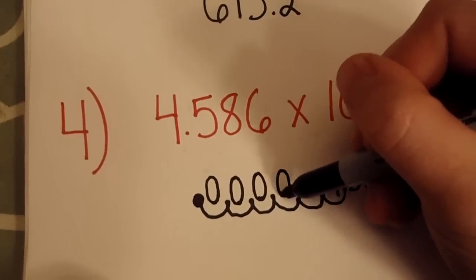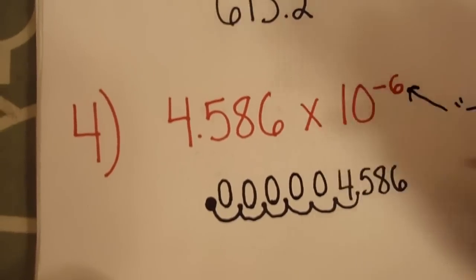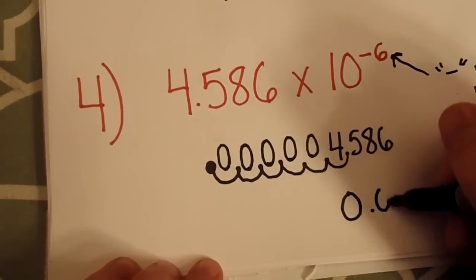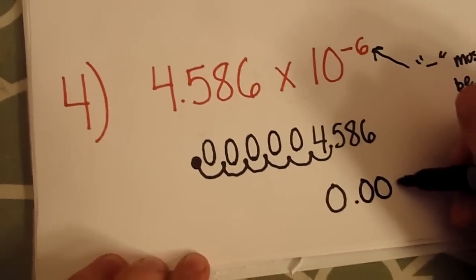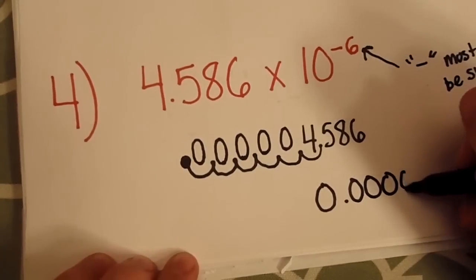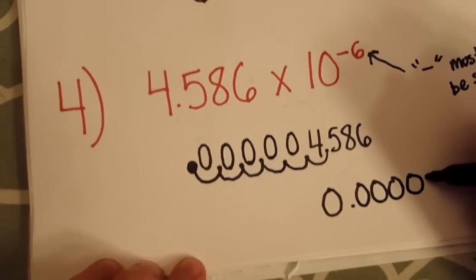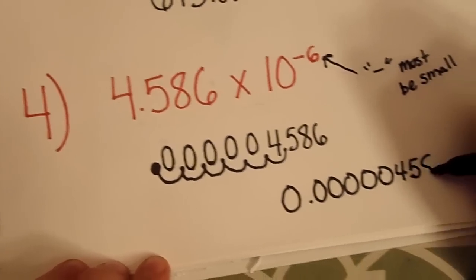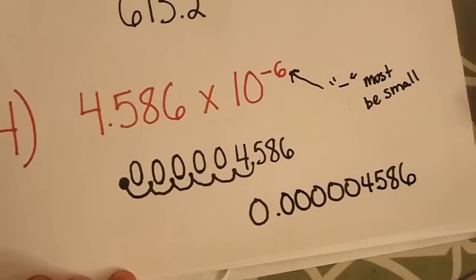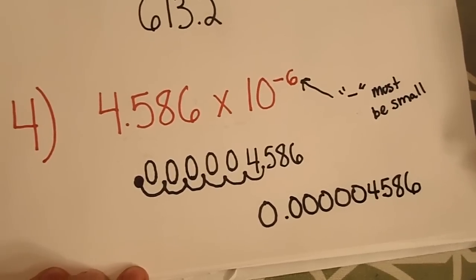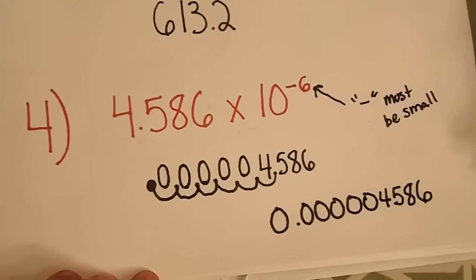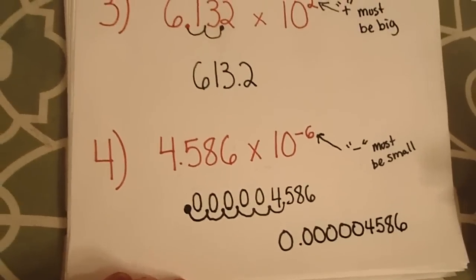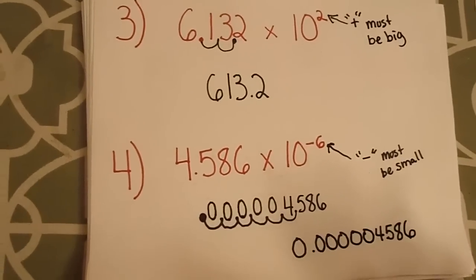So place our zeros in all of them. And our end result will be 0.00000458. And that's how you do scientific notation, converting from standard numbers to scientific notation and from scientific notation to standard numbers.